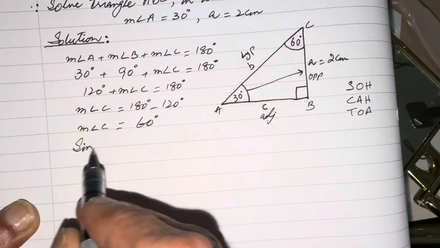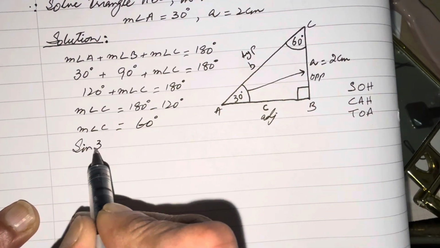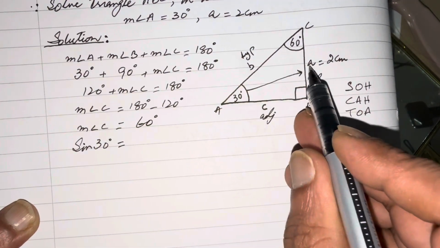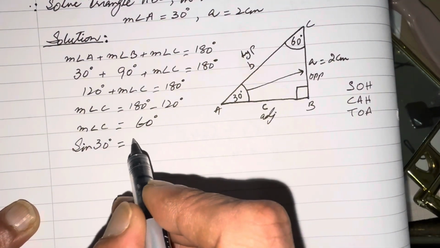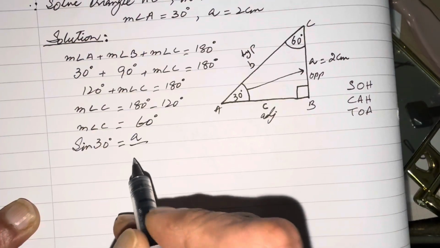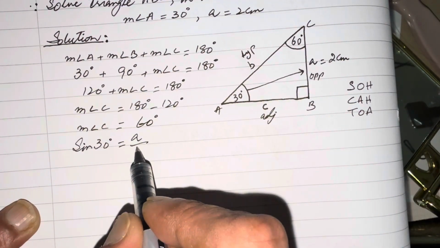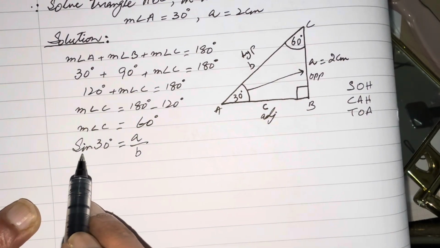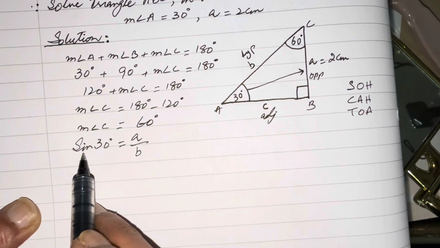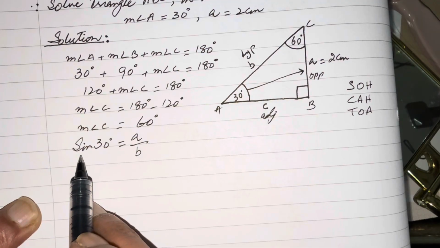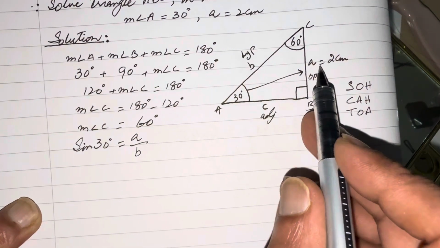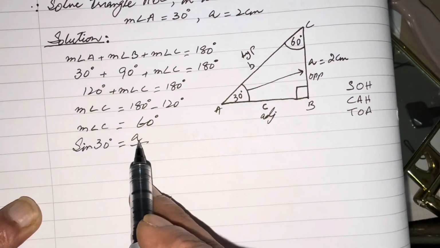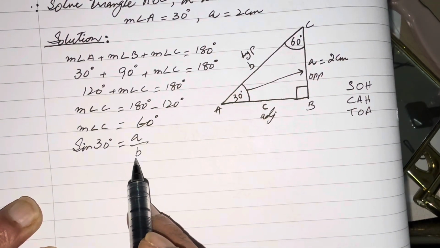Theta is representing 30 degrees over here, so sine 30 will be equal to the opposite side, given as a, divided by the hypotenuse, given as b. You can find the value of sine 30 from the table we have already done in our previous lectures, and the length of side a is equal to 2 centimeters. We can find the value of b.